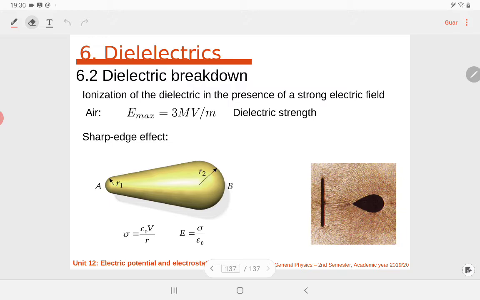Imagine you have a conductor like the one shown in this diagram. It has an edge A that is sharper than edge B, which is much less sharp.